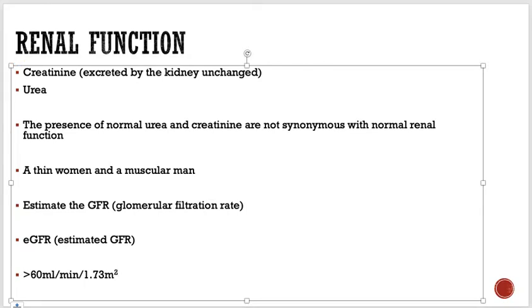Okay, meter square, this is the mass of the body. So when it is more than 60 milliliter per minute per 1.73 meter square, it means the kidneys are functioning well.